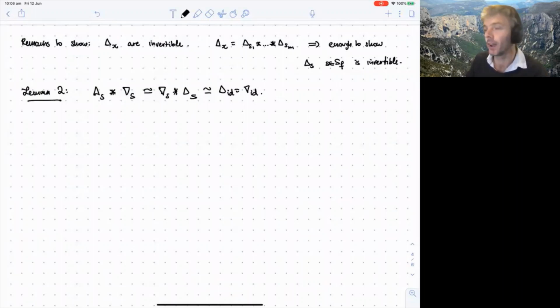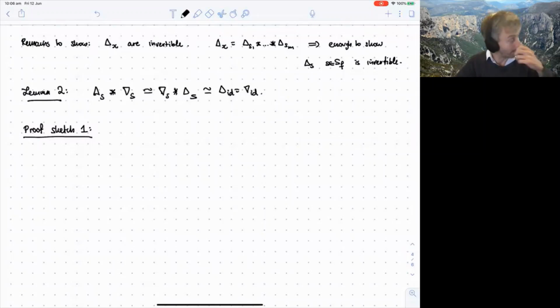I want to give two proofs, and both of them I'll only sketch. So proof sketch 1, I would say, would be the more hygienic, but maybe less interesting.